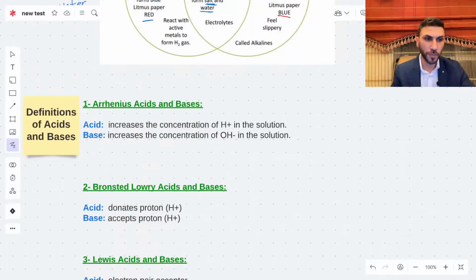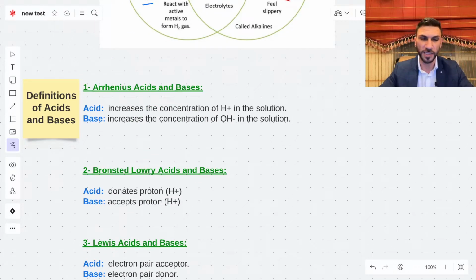So these are the most important characteristics of acids and bases. Now, we have some definitions of acids and bases. The first definition comes from the first chemist, Arrhenius. Arrhenius said an acid is everything that increases the concentration of the hydrogen ion in the solution.